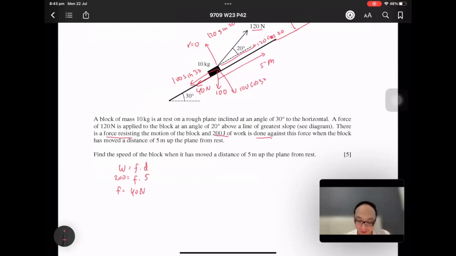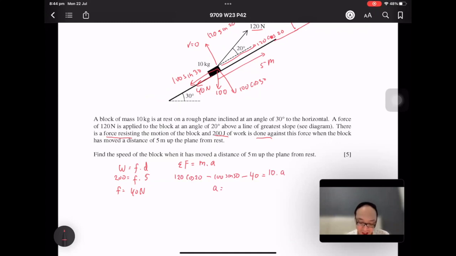And then using Newton's law, sigma F equals ma, we find the acceleration. So sigma F equals 120 cos 20 minus 100 sin 30 minus the resistive force 40, equals m, which is 10, times a.